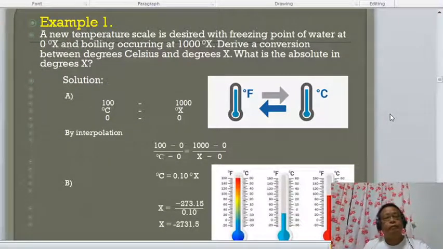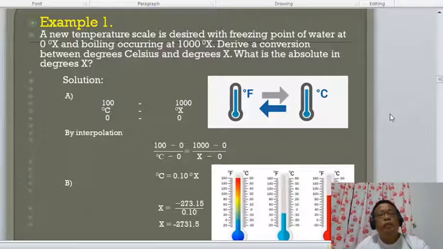Okay, so example. Based on the procedure on how you are going to devise, for example, a new temperature scale. So in this example, let us now take this example.